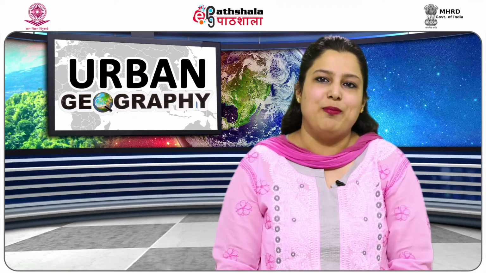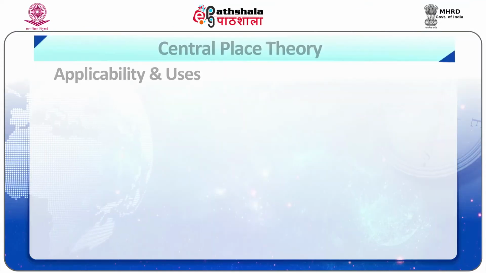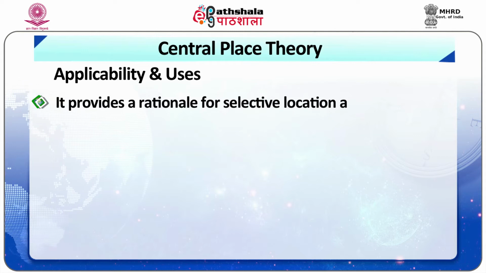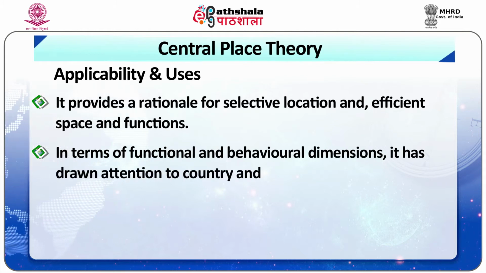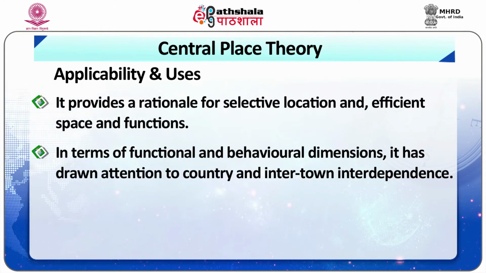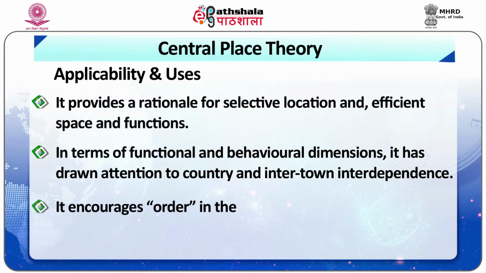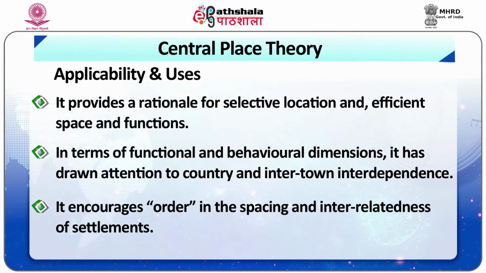So what has been the applicability and use of CPT? It provides a rationale for selective location and efficient space and functions. In terms of functional and behavioral dimensions, it has drawn attention to country and intertown interdependence. It encourages order in spacing and interrelatedness of settlements.